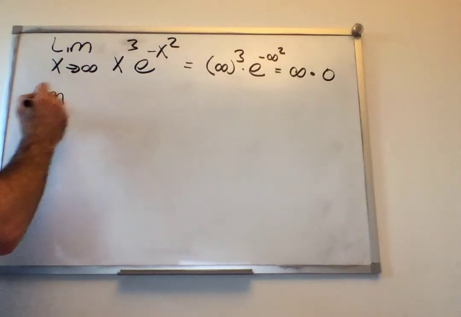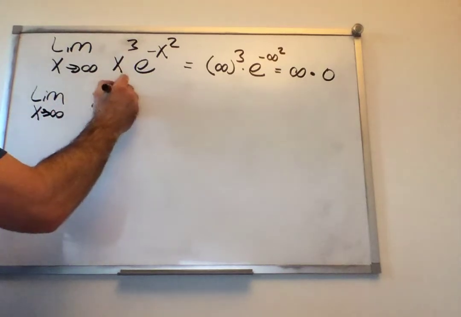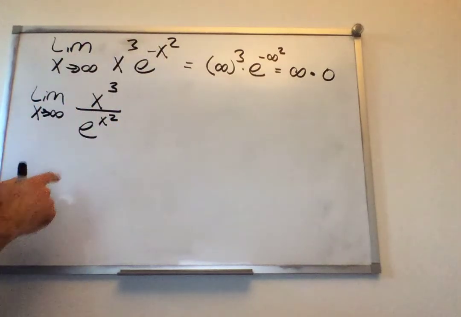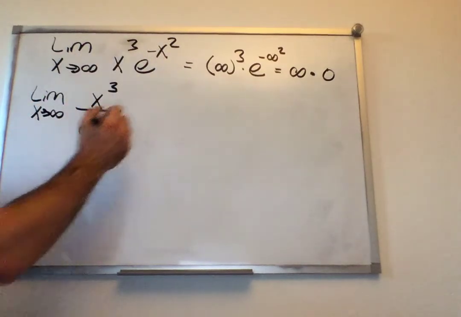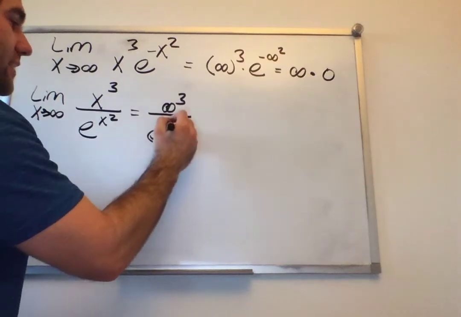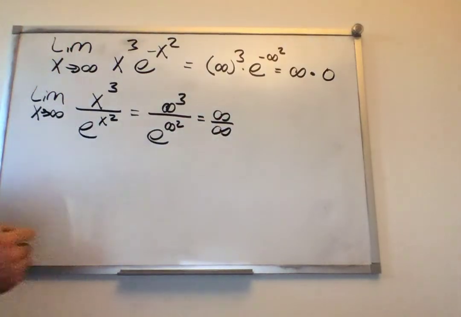However, this one's fairly easy. I could rewrite e to the negative x squared and put it on the bottom of the fraction. So now I get infinity cubed over e to the infinity squared, which is just infinity over infinity.